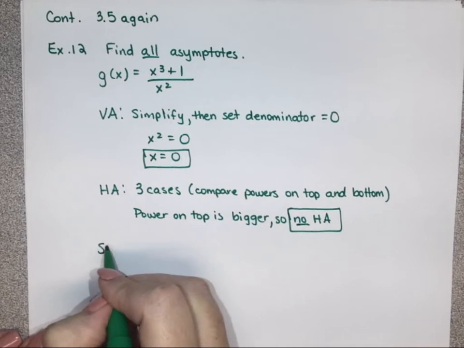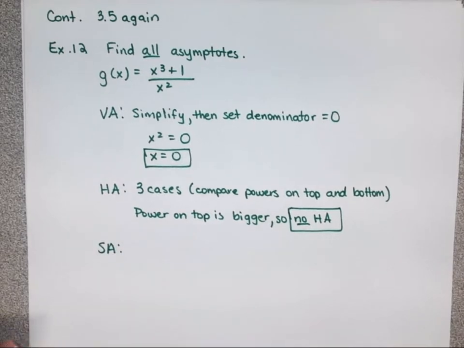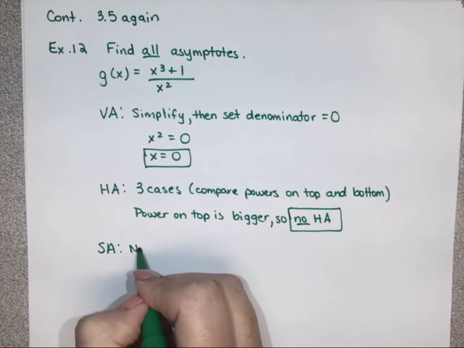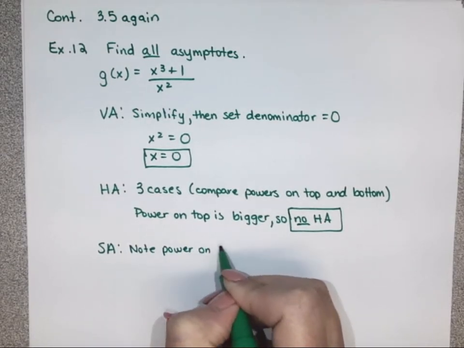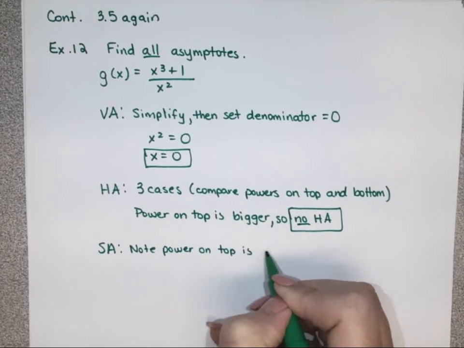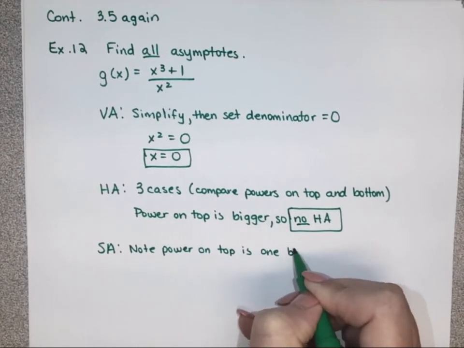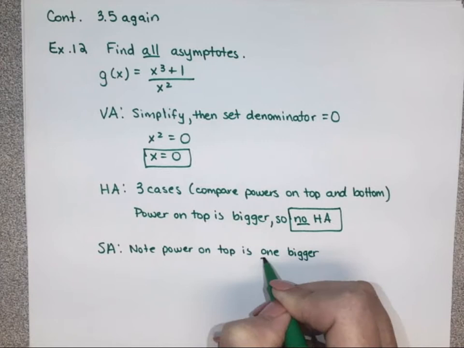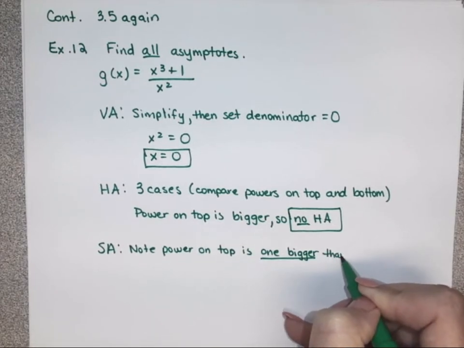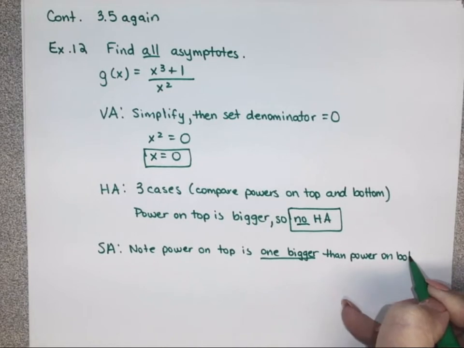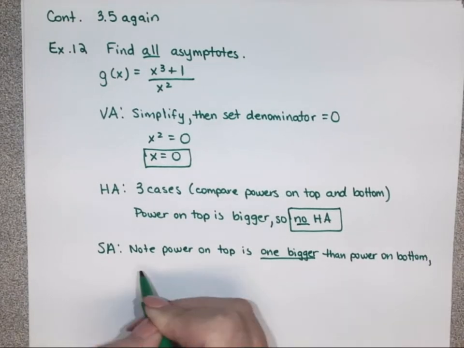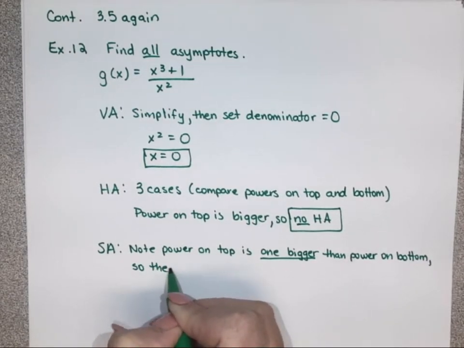So a slant asymptote, first let's talk about if this has one and why. Okay, so remember, note, or pay attention to the fact that the power on top is 1 bigger than the power on bottom. So that's the key. So because it's exactly 1 bigger, what does it mean? There is one.